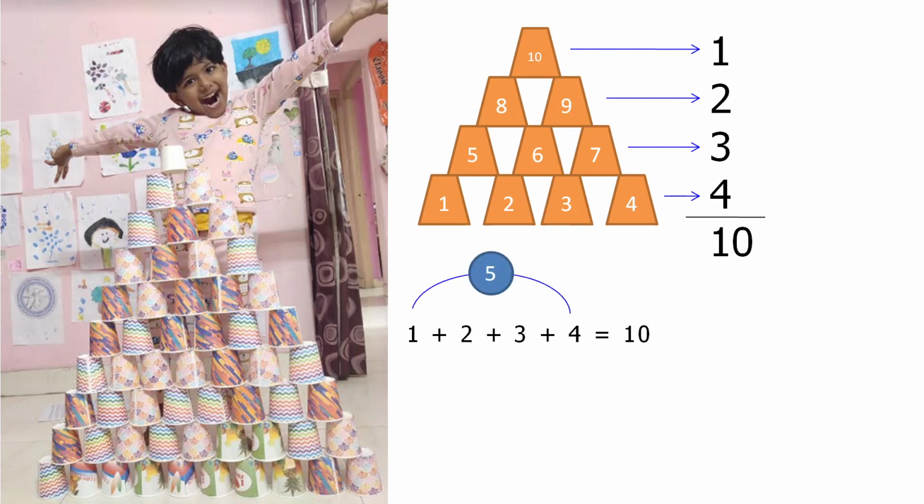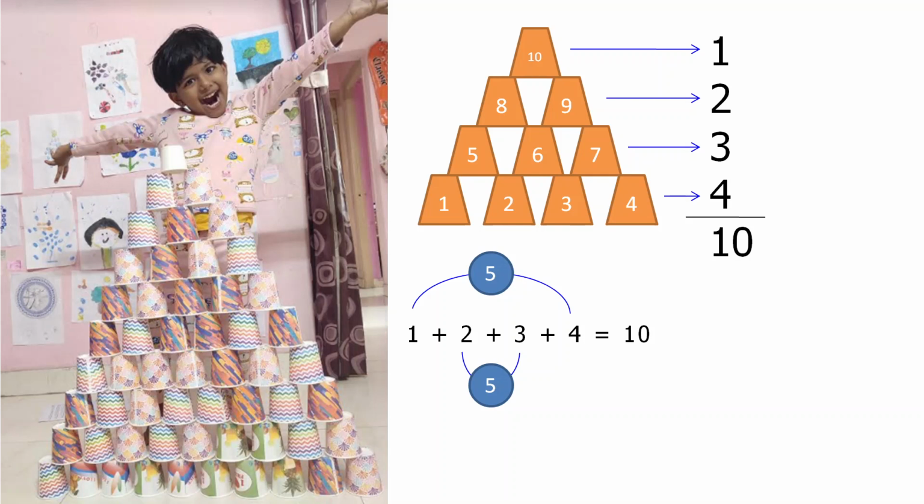So to add these numbers, I did a quick simplification. If I add the first and last number, I end up having 5. And if I add the second and second last number, it gives me 5.